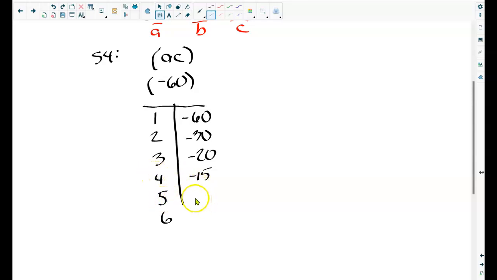This is 5 times 12. So I picked one that had a whole bunch of them.